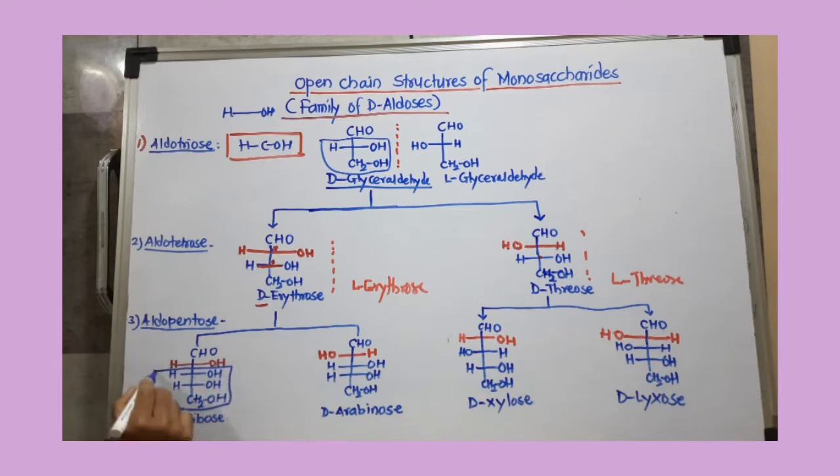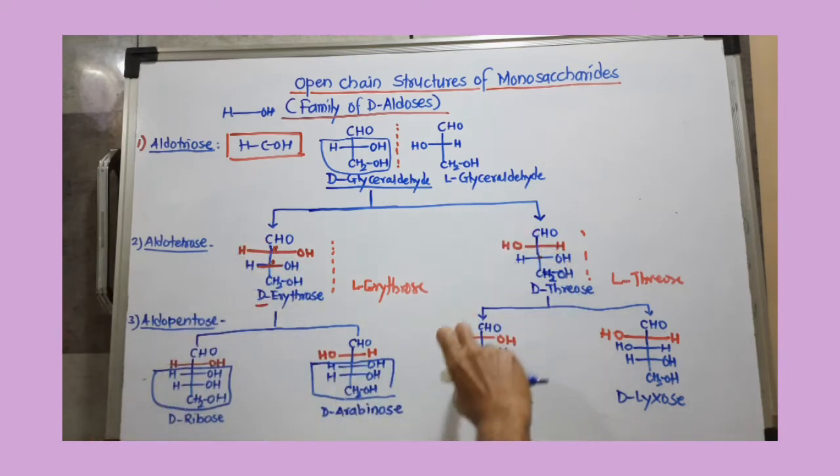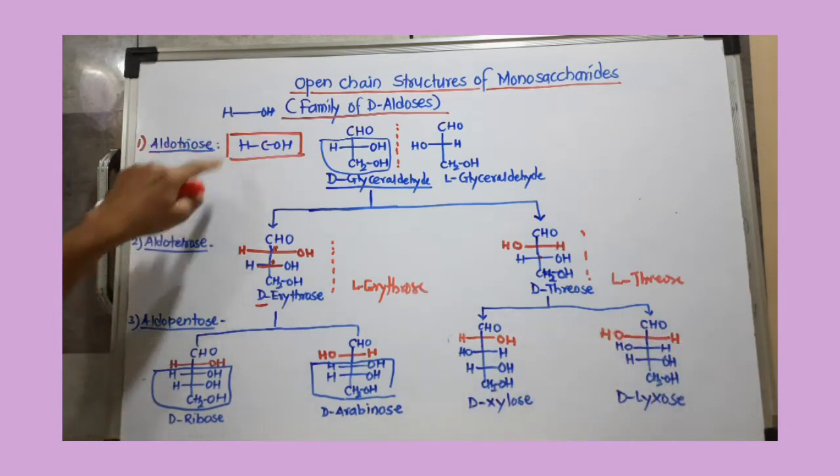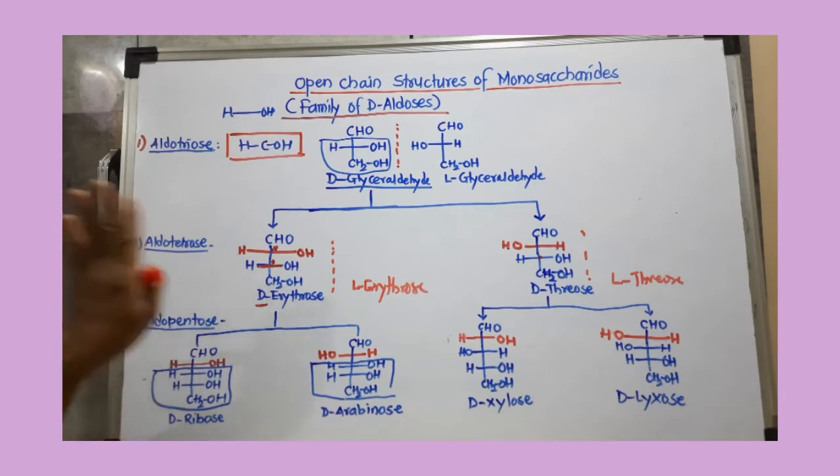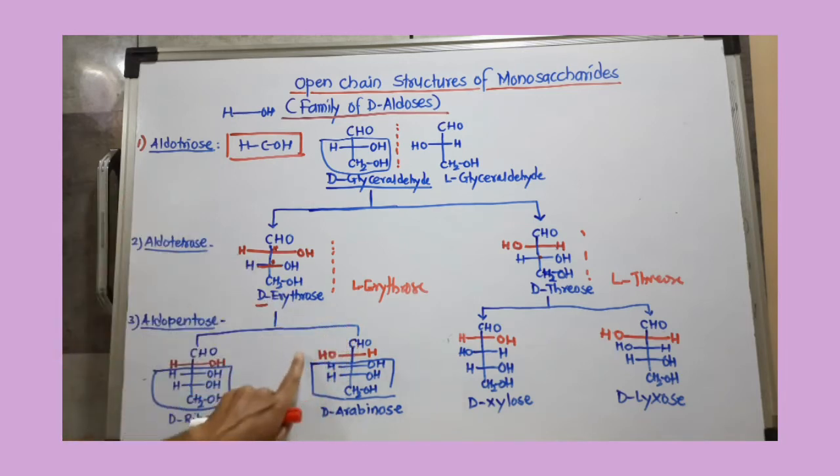If you are drawing these 2 structures from this one, this portion is common for both, and you have to just add 1 CHOH. In the first case OH will be toward the right hand side, and in the second case OH will be toward the left hand side. So in this way you will get 2 structures.